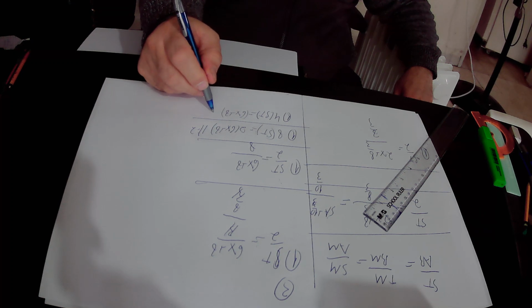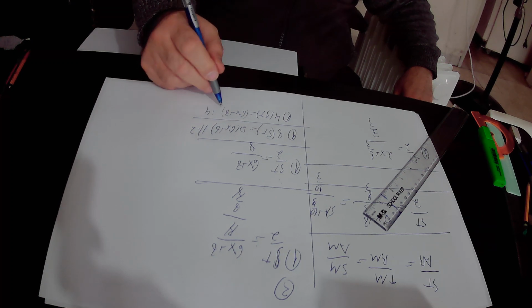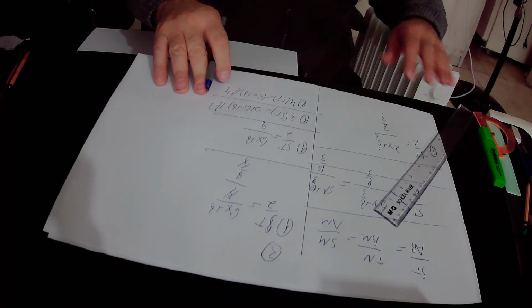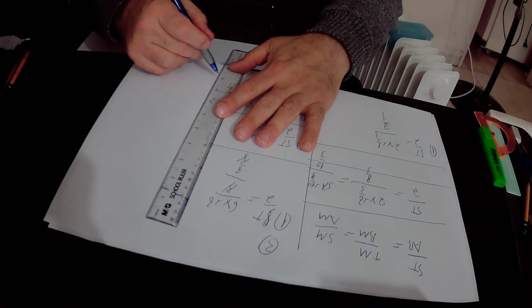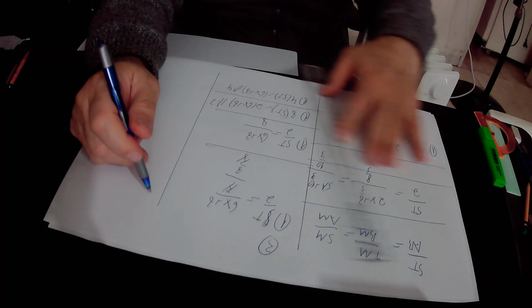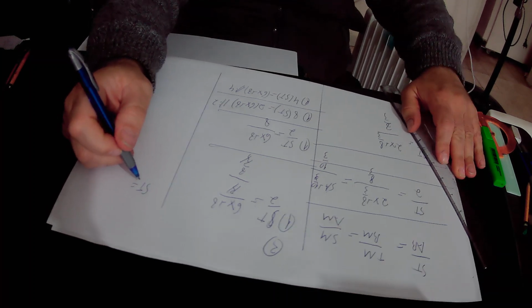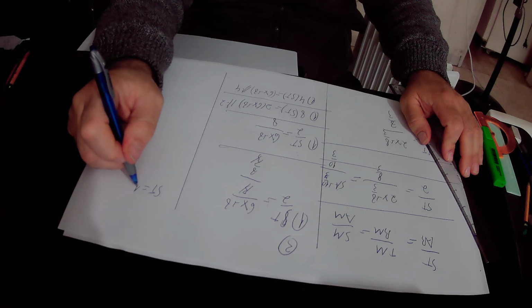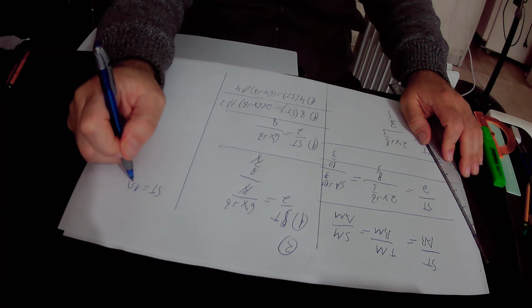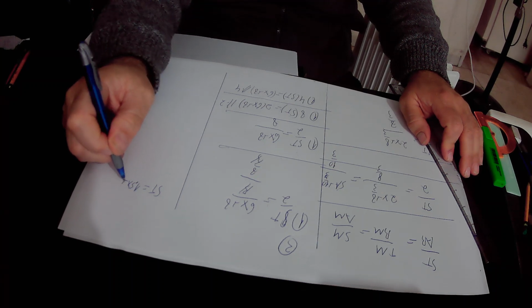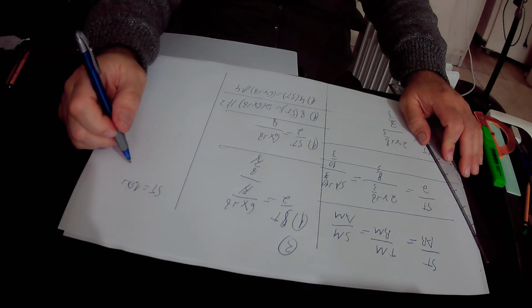Here we'll divide this equation by 4, and finally we will get that ST, the missing side ST, equals 6x over 4, which is 1.5x, plus 8 over 4, which is 2.